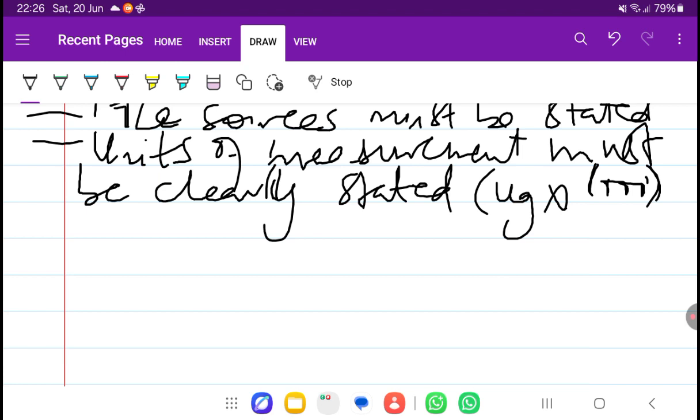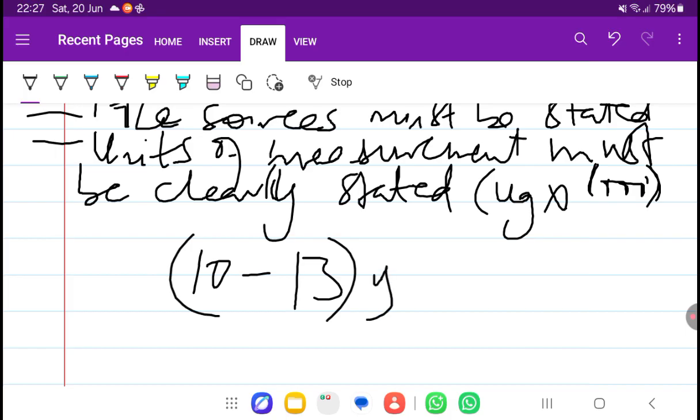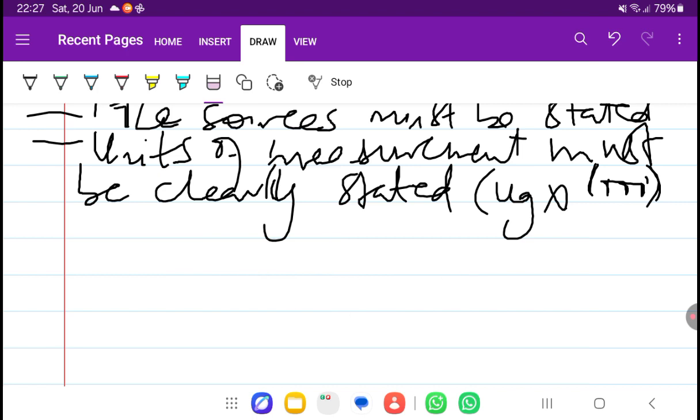They always indicate the unit of measurement for the data that they have collected. If they are ages, they always put years. Even if they say maybe from 10 to 13, they put it in brackets and say years, to indicate that the unit of measurement for the data collected was years, of the different people they have talked about in the question.